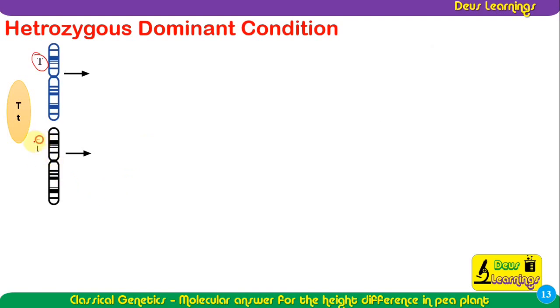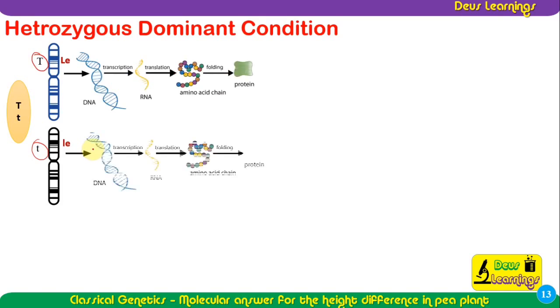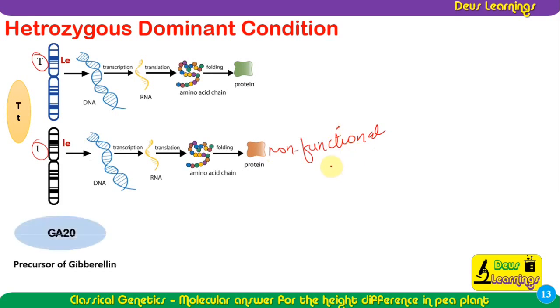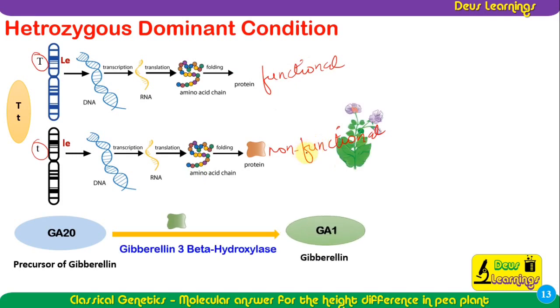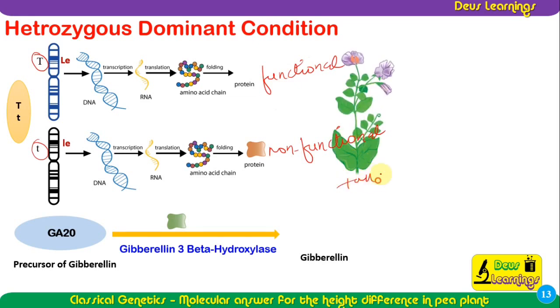This one is non-functional and this one is functional. The functional allele will create gibberellin, and because it creates gibberellin, the plant will show an increase in height. So we get a tall plant. When it's a heterozygous condition, you get a tall plant because of this reason.